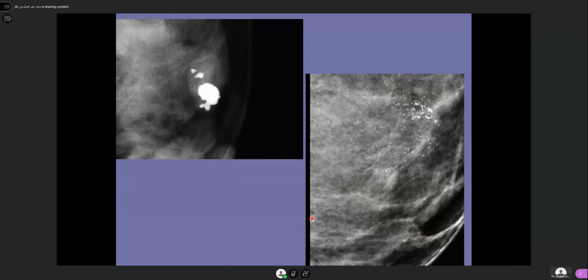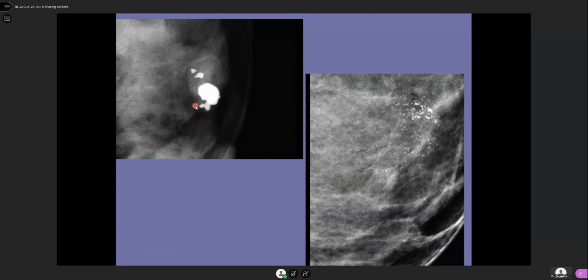Again, you can see that there is a radiopaque mass with surrounding halo sign. Very good halo sign you can visualize in this mass, and it has a typical popcorn-like calcification. Whenever you see a radiopaque mass with popcorn calcification, it is diagnostic for fibroadenoma.